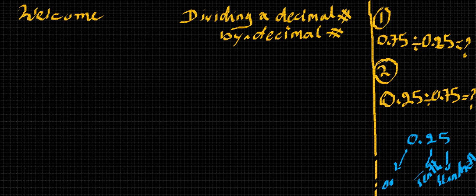And this is into ones. And the numbers are into decimal placement. Because it has two numbers to the right of the decimal, it's into two decimal places.